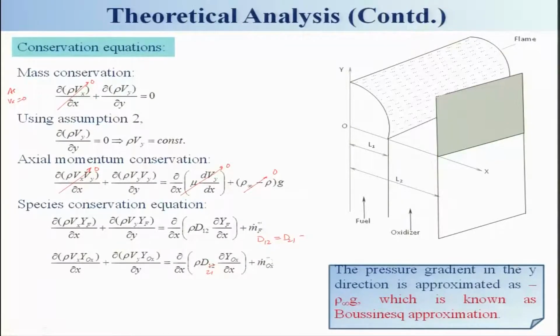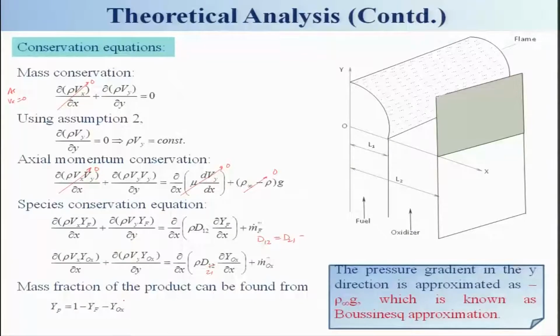So, again there is a source term for the oxidizer. For the product, of course, I need not write the equation, because if I solve these equations and get the mass fractions, you can very easily get Y_P is equal to 1 minus Y_F minus Y_oxidizer.